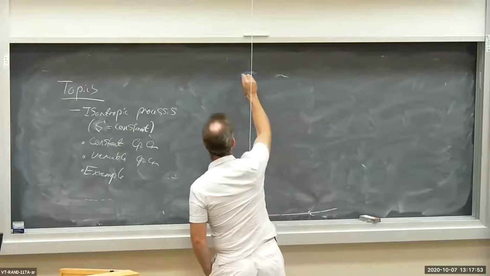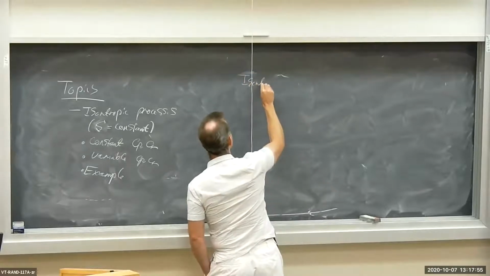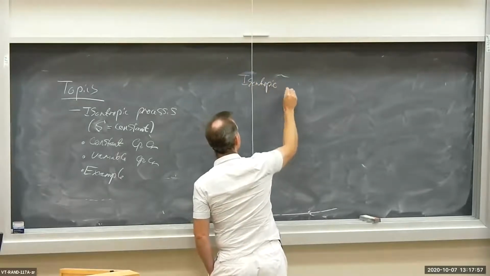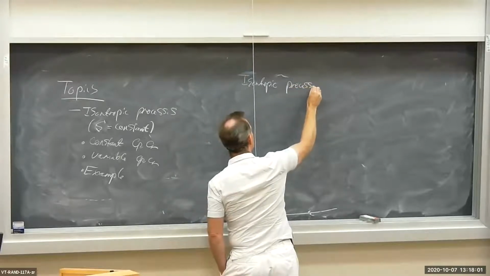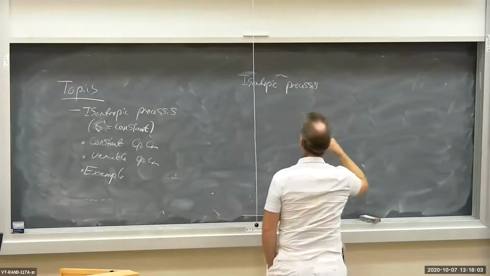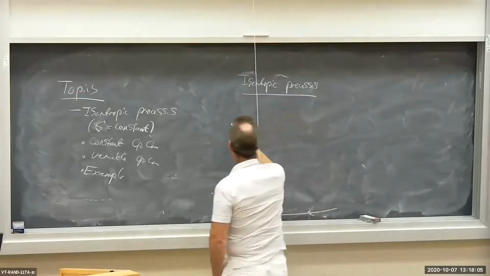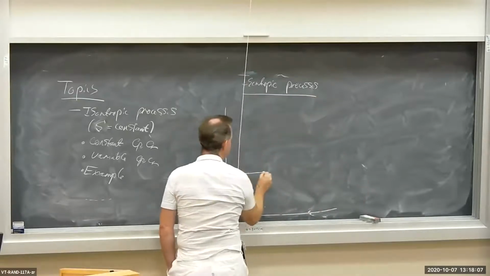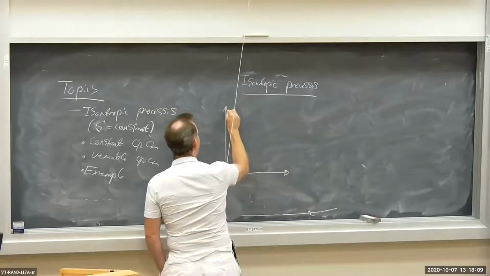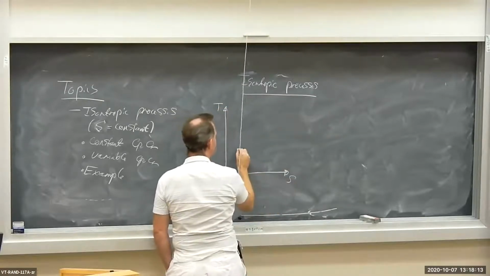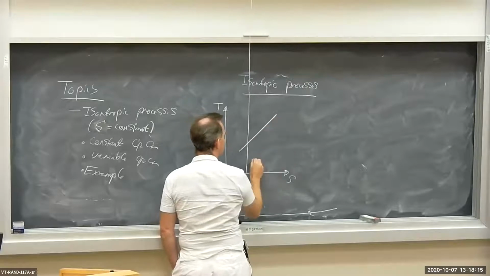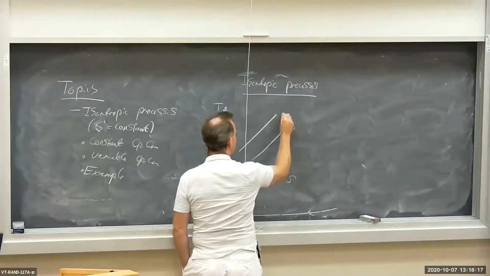So isentropic processes. On a TS diagram, here's temperature, maybe there's some isobars in here. So here's pressure.